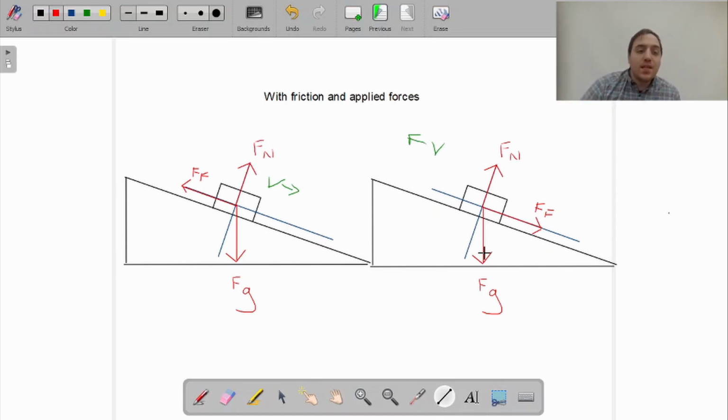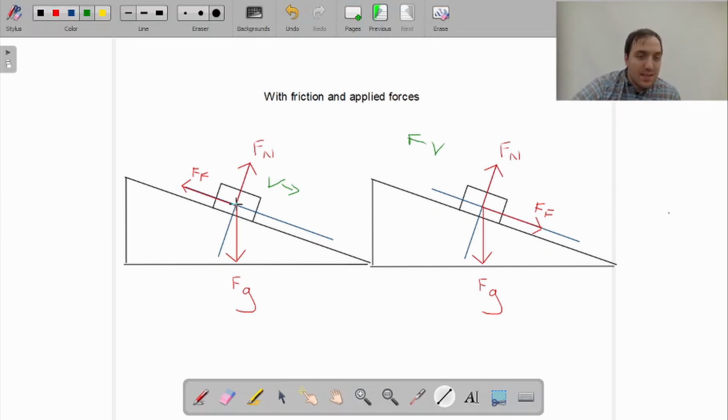In both these cases, we have to add a force. We have to add a force applied. And depending on which way the truck is moving or the box is moving, if it's moving down the ramp, like so, or up the ramp like so, and which direction the force is pulling determines how we set up our equations.